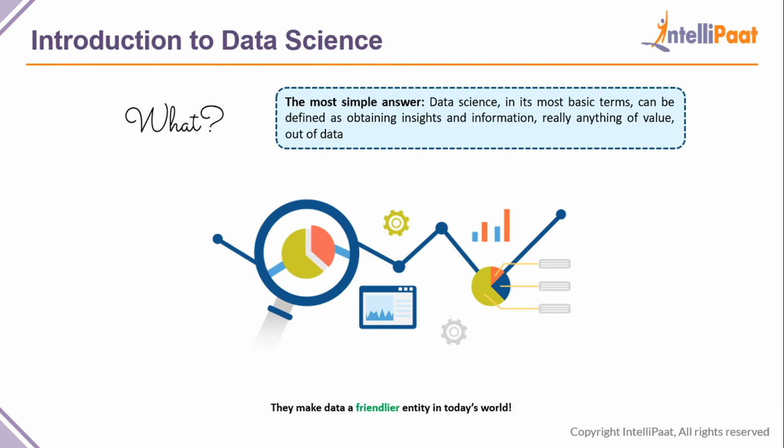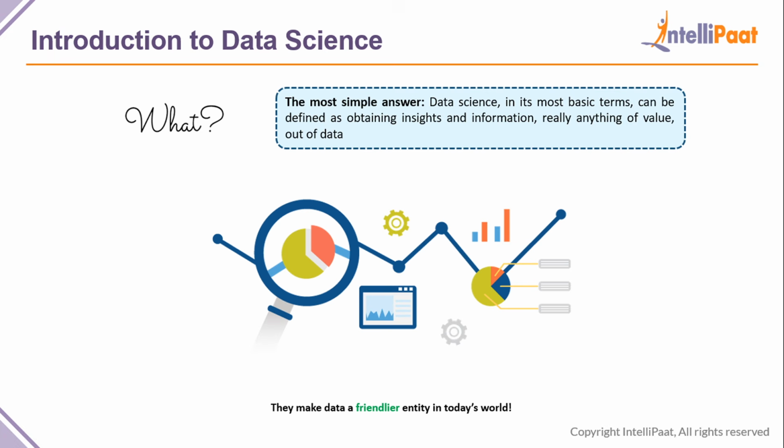After this example, I want you guys to take a quick introduction to data science as well. And again, the first question we ask when we're learning something is, what is that? When you talk about what data science actually is, in the most basic form, it means that we're converting raw data into meaningful, useful information, which is used as a foundation to drive a data-driven business to success.